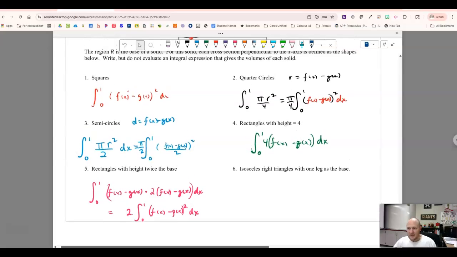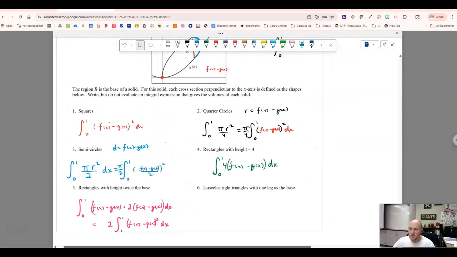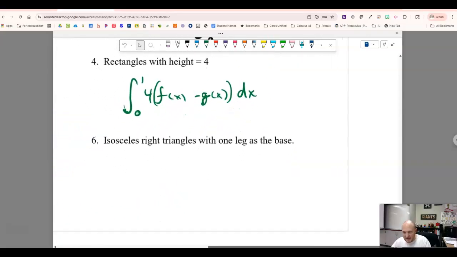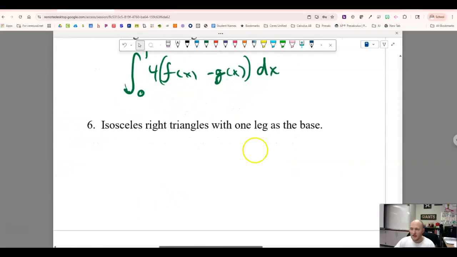Okay, last one, isosceles right triangle with one leg as the base. So an isosceles right triangle, just to familiarize you, right? These legs are going to be equidistant, and then I have a right triangle, so then we have our hypotenuse here.